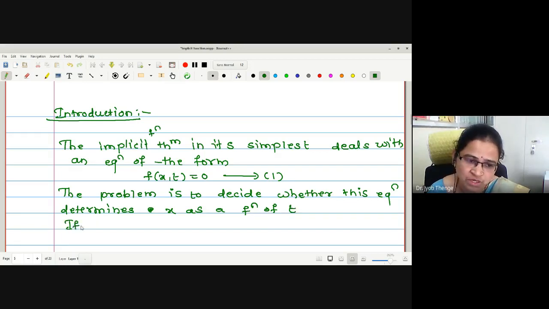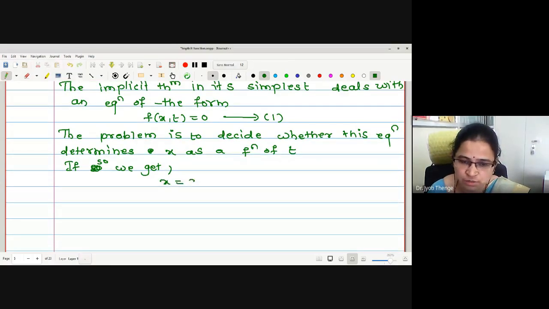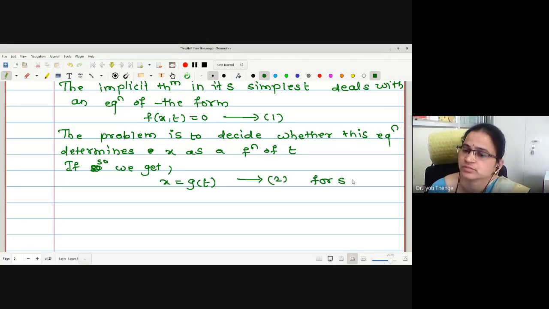If so, we get, if it is possible, x in terms of another function, say g. Now this is in case of two variables only.